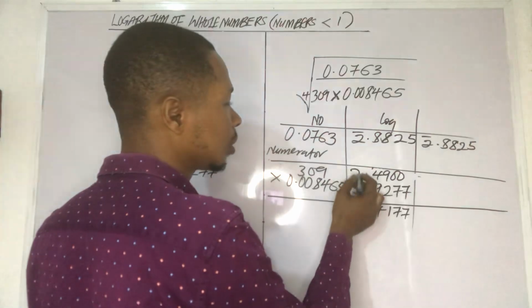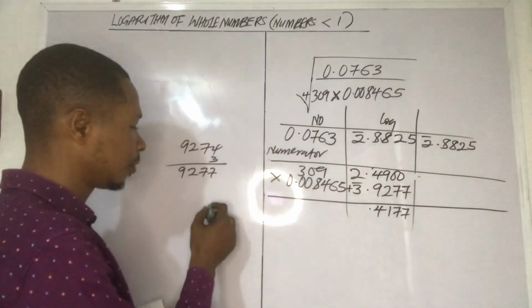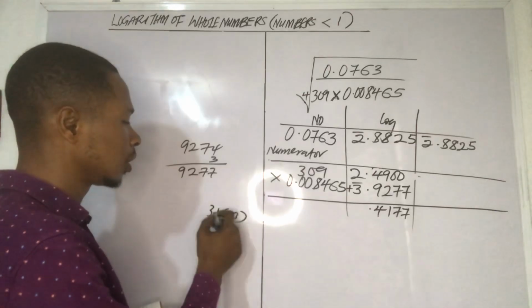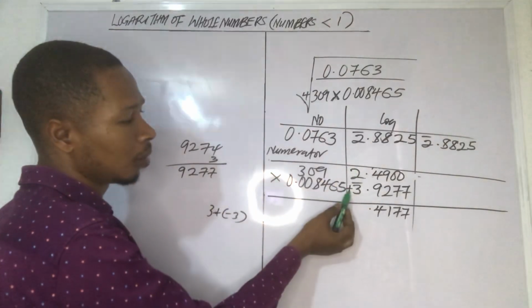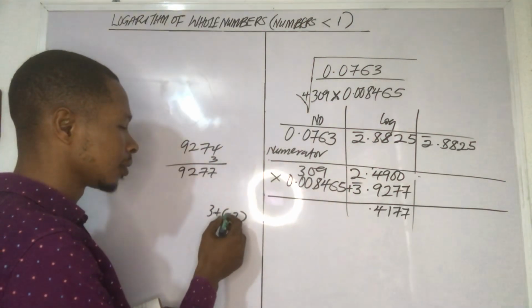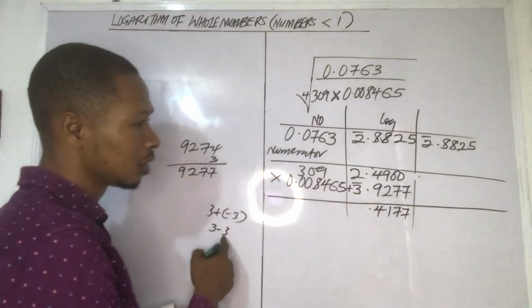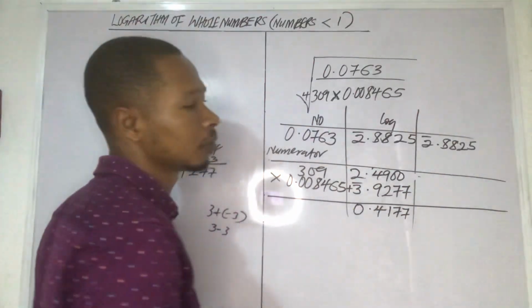Then I add 1 to this, that's 3. That's 3 plus -3 now. The 3 that is up here, plus then -3, you have 3 minus 3, which is 0. So this will be 0.